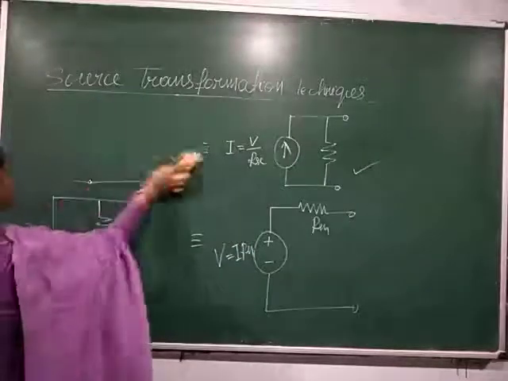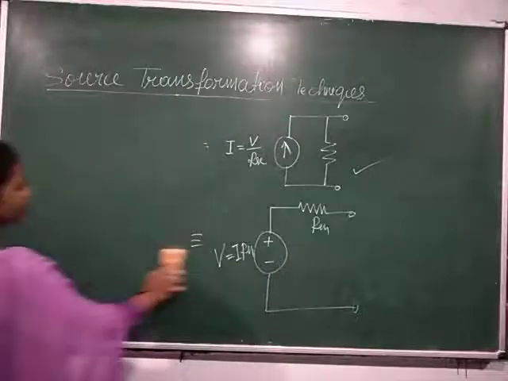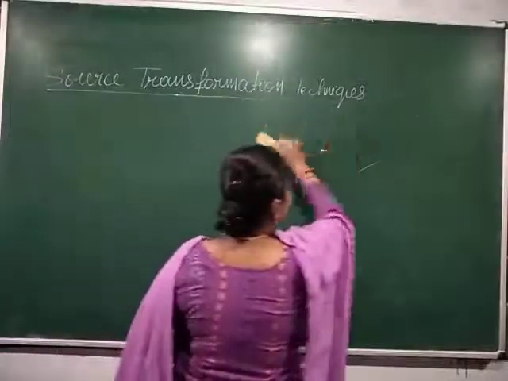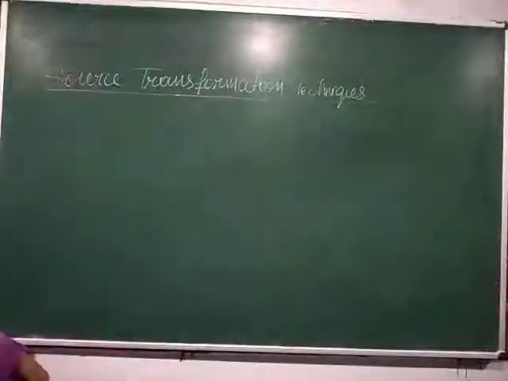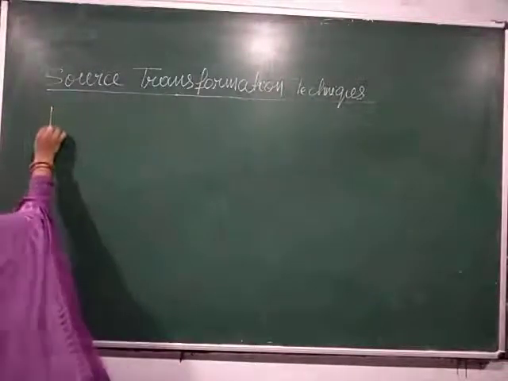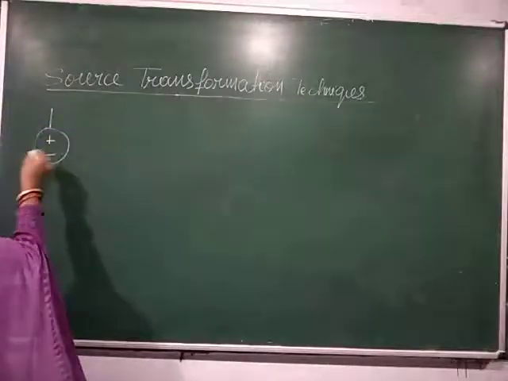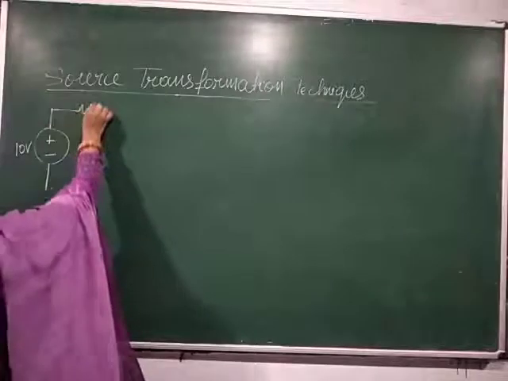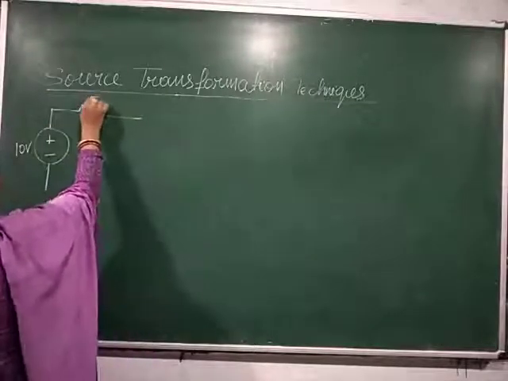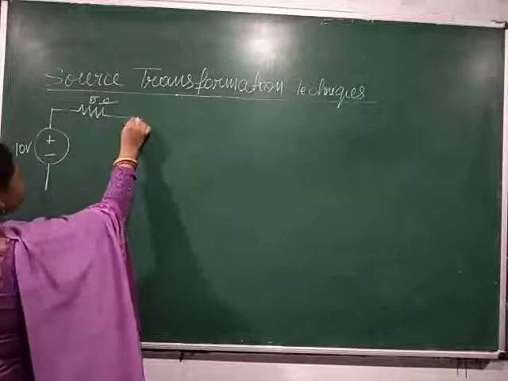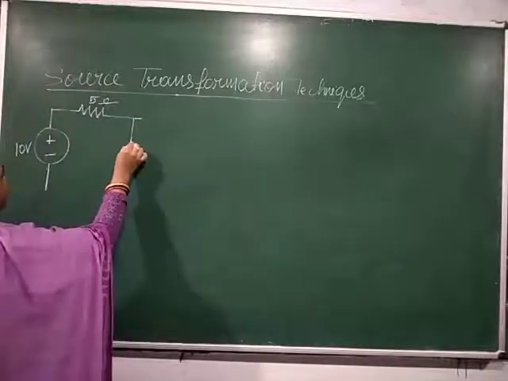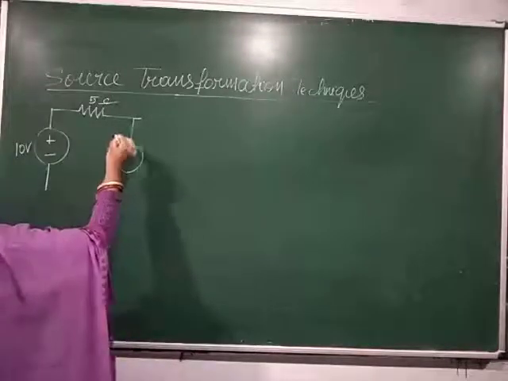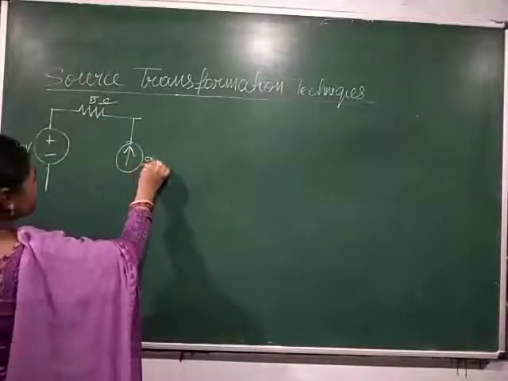So let us take one example. We will see in our numerical how you use this technique. Suppose an electrical circuit is given. It has a 10 volt source, a 5 ohm resistor, and here one current source is there whose value is 2 ampere.